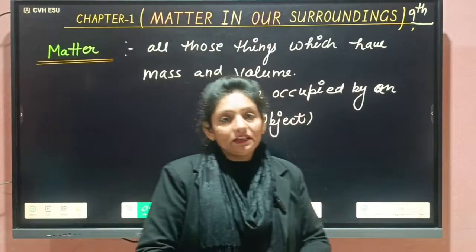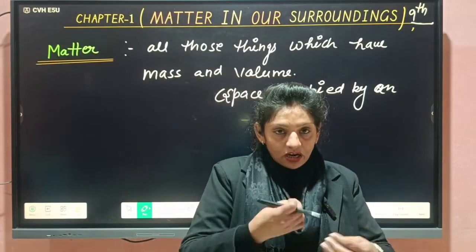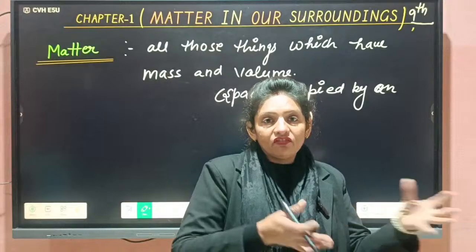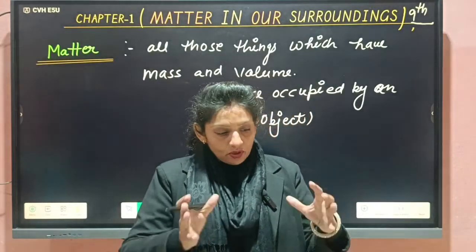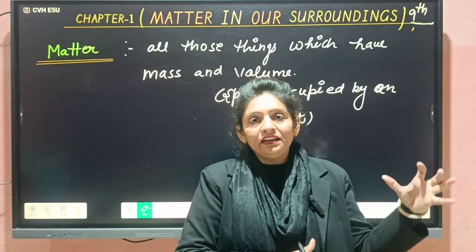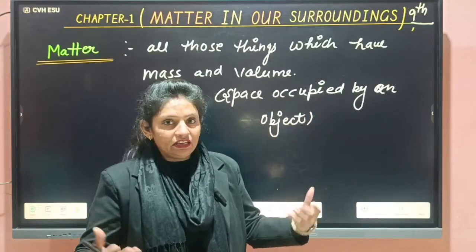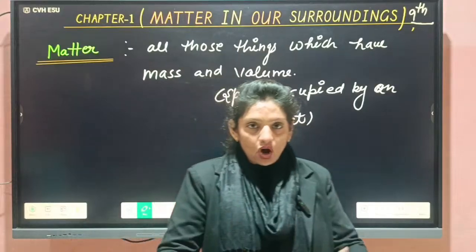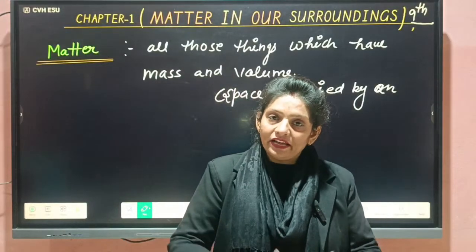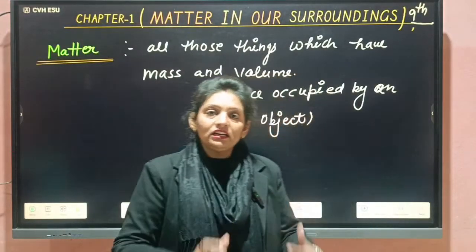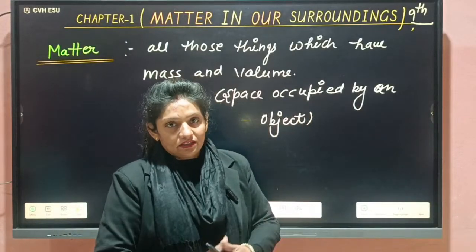It also occupies some space. Students, अगर मान लो हम किसी बलून में एयर फिल करते हैं, so क्या होगा? The size of the balloon increases. Why? Because we are filling air in it and air has volume. It is occupying some space. That's why we can say that air is also matter.